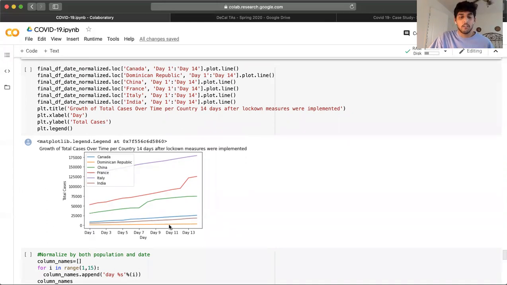The flat curve signifies that maybe the preventative measure these countries took has done a good job in decreasing the growth rate of the coronavirus, or at least stalling it, as the number of cases has not grown tremendously in the 14 days since these three countries implemented their specific preventative measures.